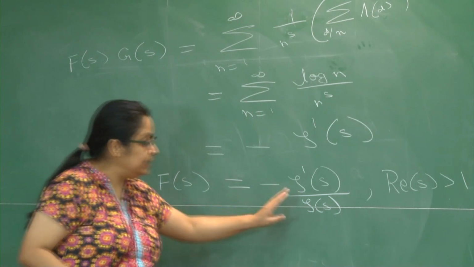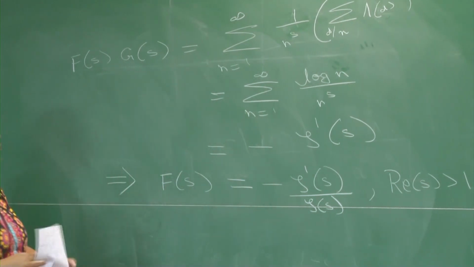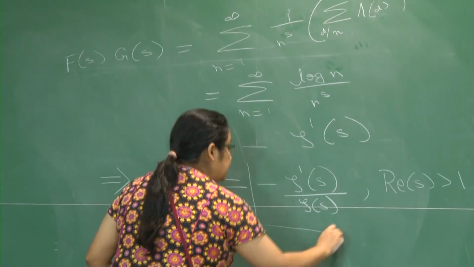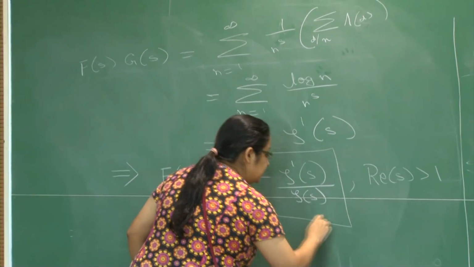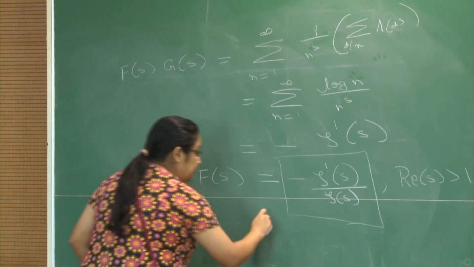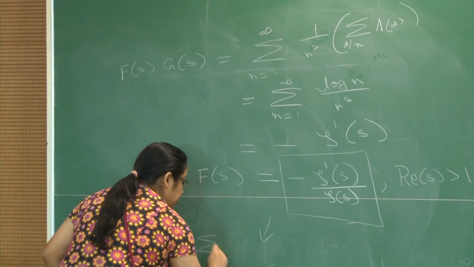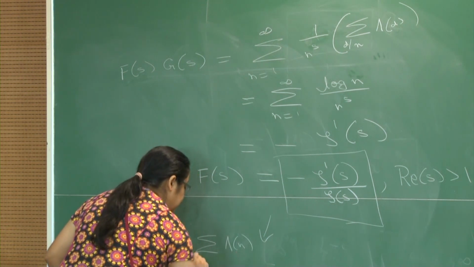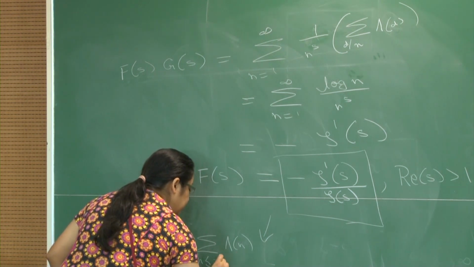This is an important identity because now we are going to treat this as an analytic function and from that derive information about the sum of lambda of n for n less than or equal to x.